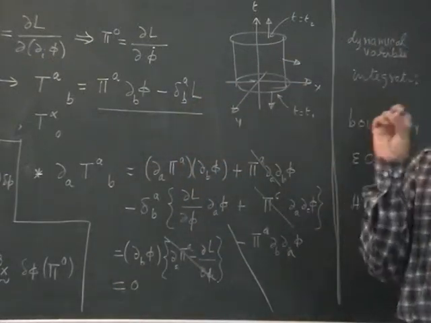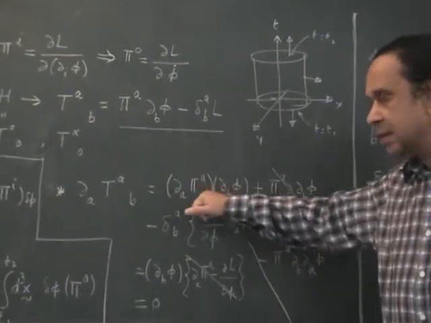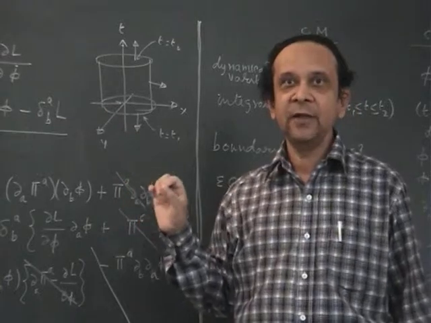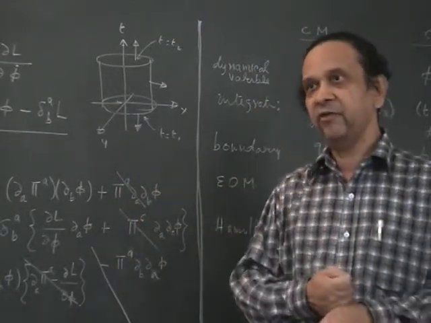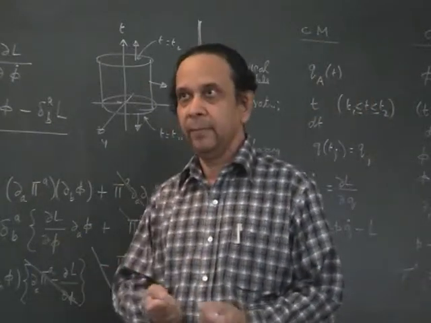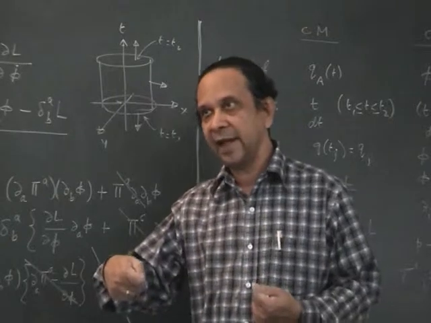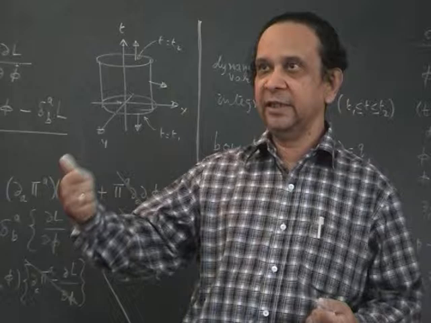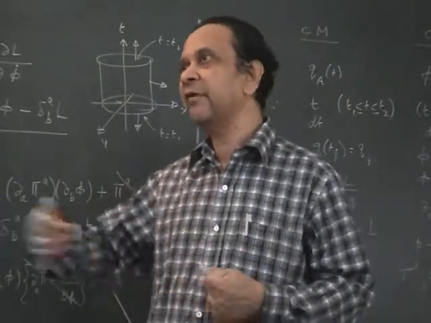So let us see what all has gone in crucially here. First, when we did this derivative, we assumed that L has no explicit dependence on xi. So in a more sophisticated way, you would have said L is translationally invariant. The translational symmetry, that if I go xi to xi plus ai, would correspond to t going to t plus something and xyz going to x plus a vector.